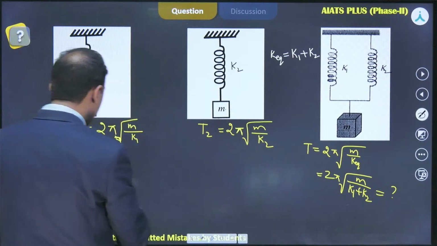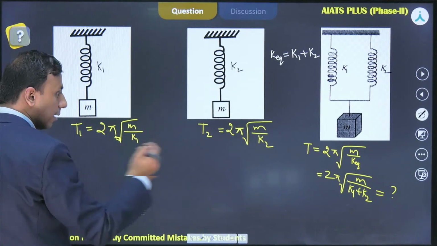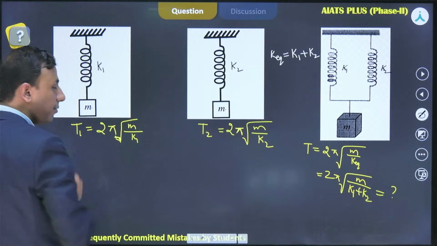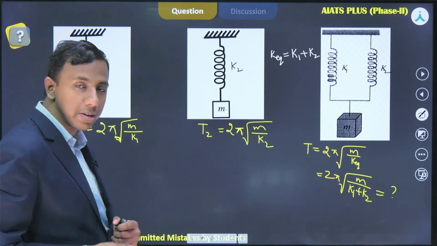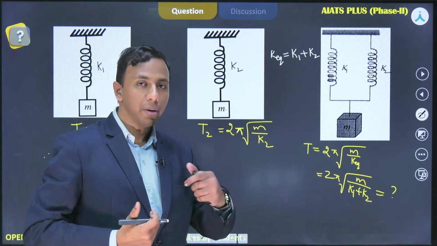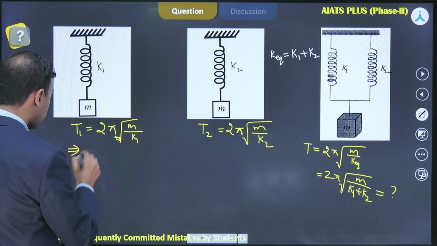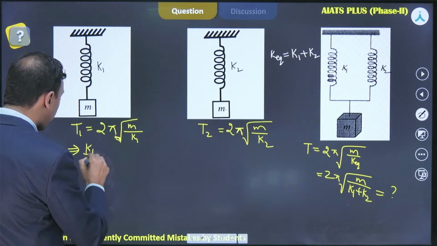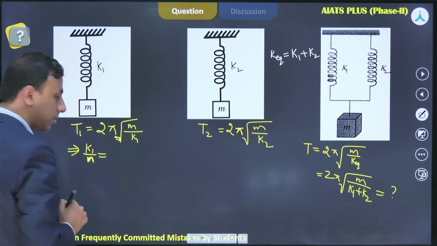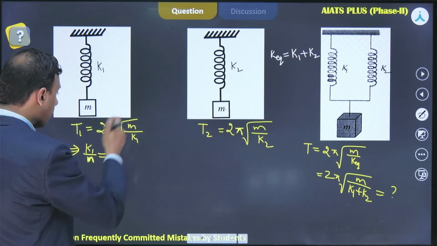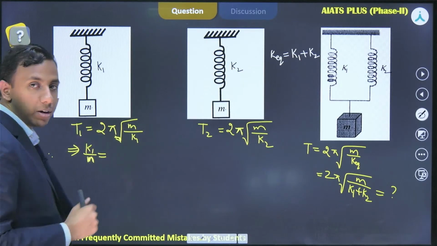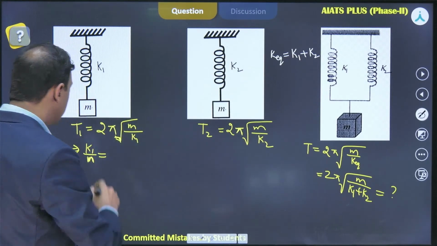So T is equal to, what does it become? And before that, here, instead of finding m by k1, which we wrote over there, let's find k1 by m, right? So k1 by m, what would that be? Why am I doing k1 by m? I will tell you. K1 by m would be equal to T1 by 2 pi, inverse and whole square.